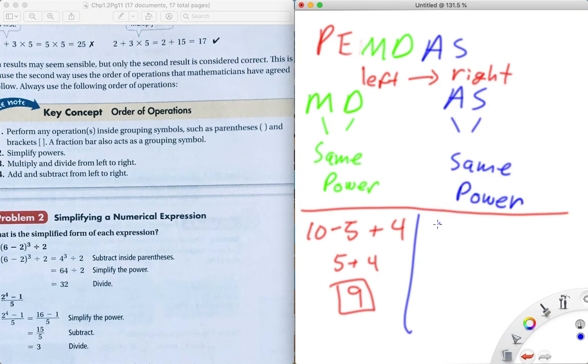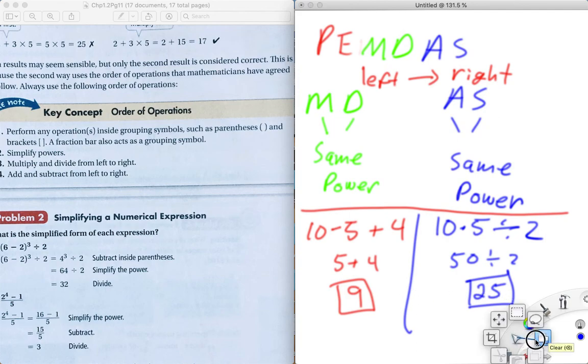If we had 10 times 5 divided by 2, multiplication comes first from left to right, so that's 50 divided by 2, which is 25. So multiplication and division have the same power. You go from left to right, and that determines which one you do first. Adding and subtracting, same power. Again, you go from left to right, and that determines which one of those you do first.